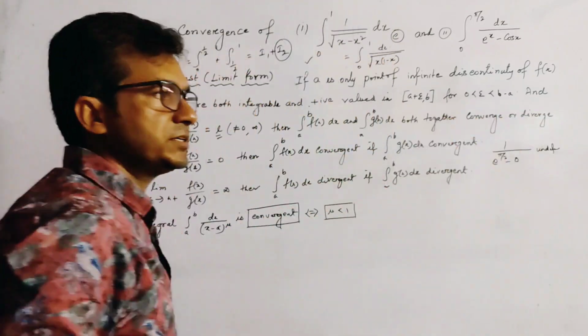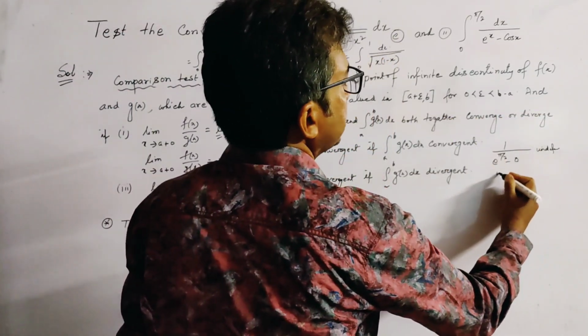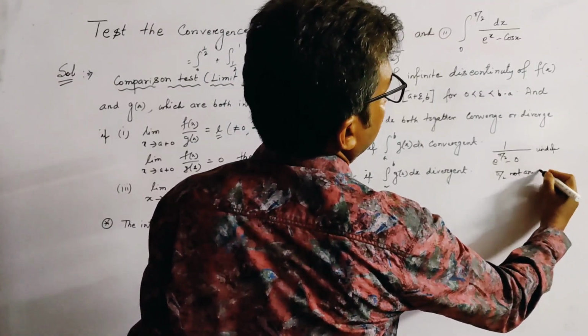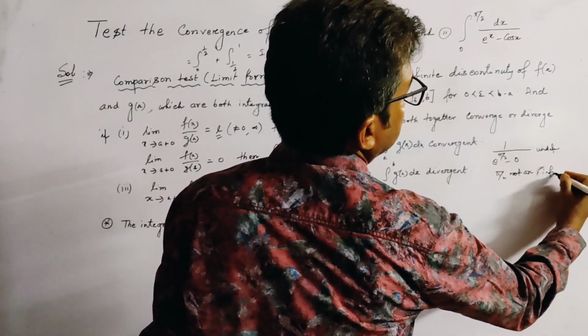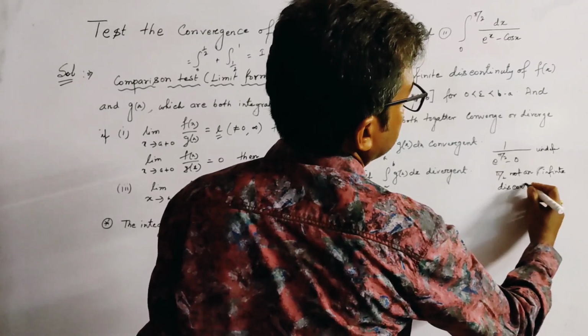This is a finite definite value. So pi by 2 is not an infinite discontinuity.